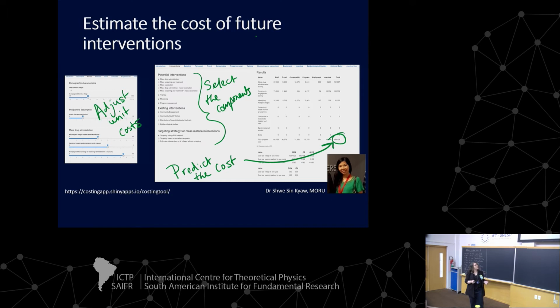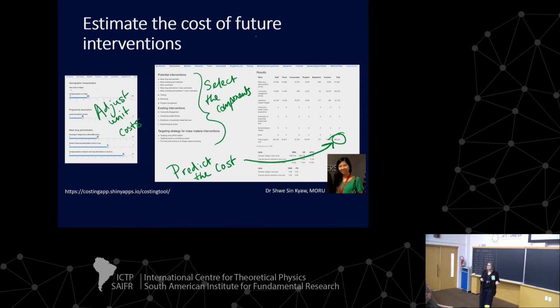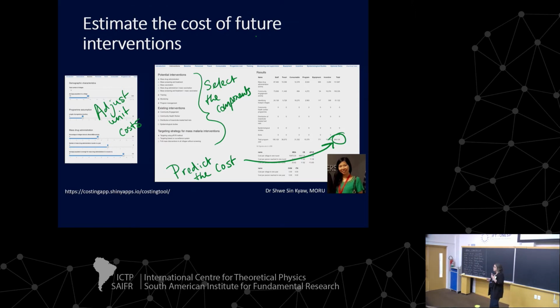And for that, we have to incorporate cost into the model. So when we're modeling increasing the coverage of bed nets, we need to add up all the bed nets we've simulated increasing it by, and then have a unit cost for those bed nets, distribution costs, all of the costs associated with doing that, and make a prediction on that.